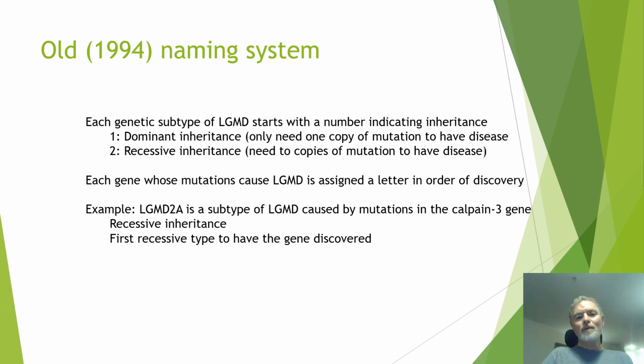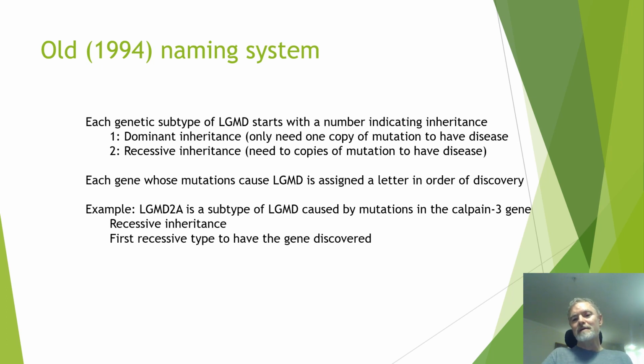So the number would indicate the inheritance pattern. One meant a dominant inheritance, which means that you only need one copy of a mutation in order to have the disease. And a 2 meant a recessive inheritance, which means that you need a mutation on both copies of the gene in order to have the disease.